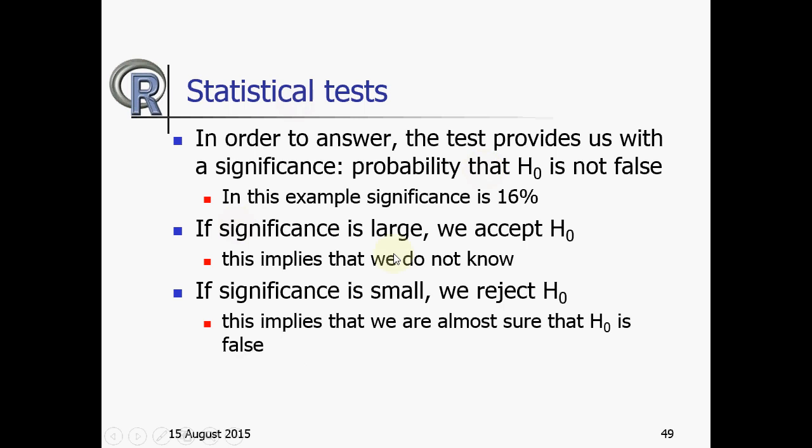But first of all, you have a significance of 5%, not 80%. And second, when you accept, it means that your data don't tell you anything to contrast the H0 hypothesis. So please, when you accept, it means that you don't know.